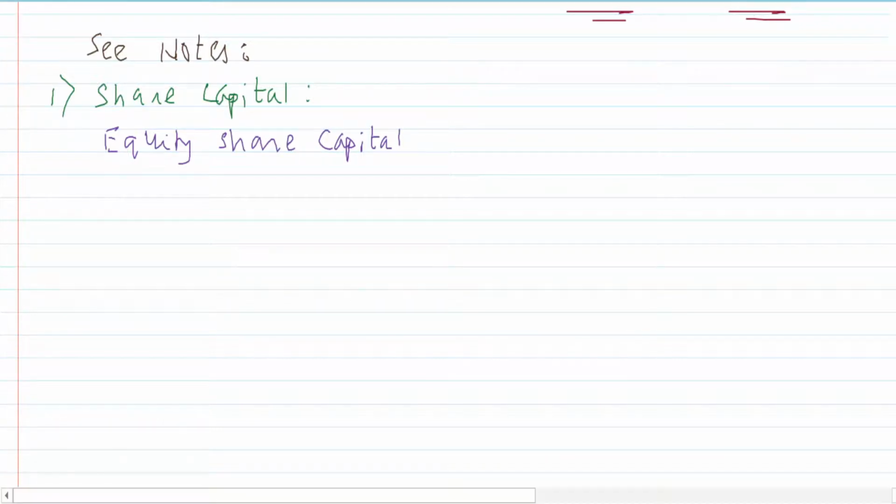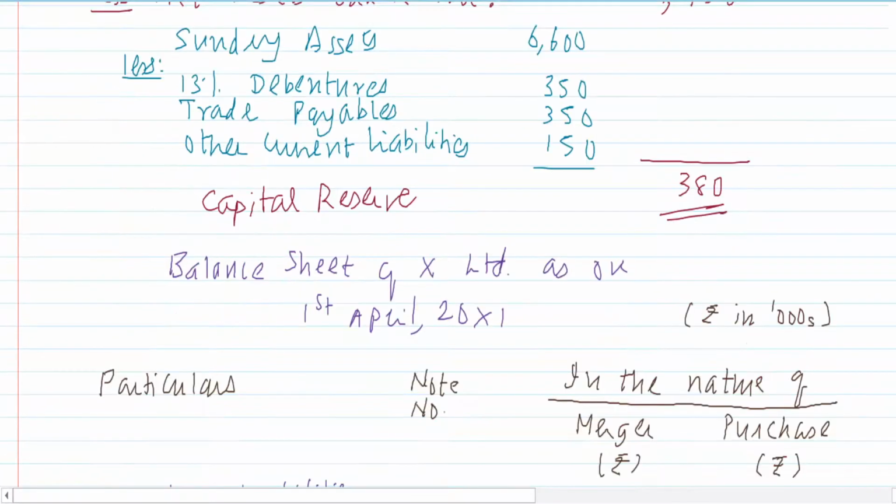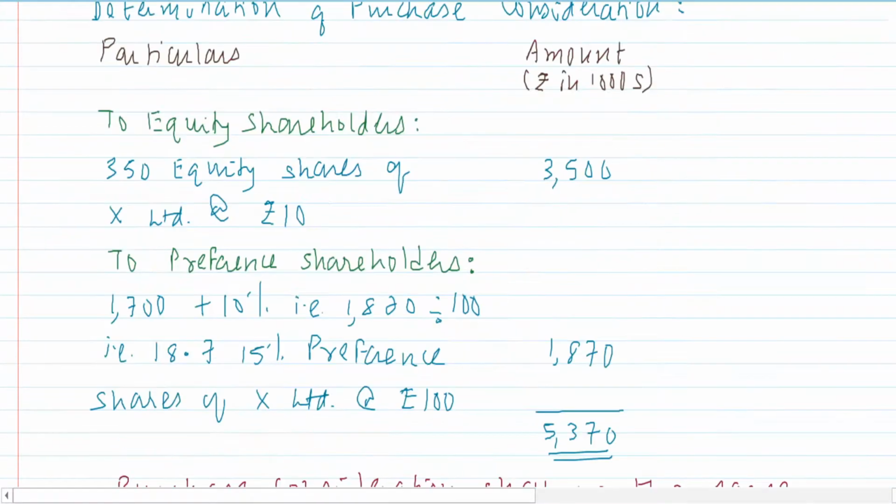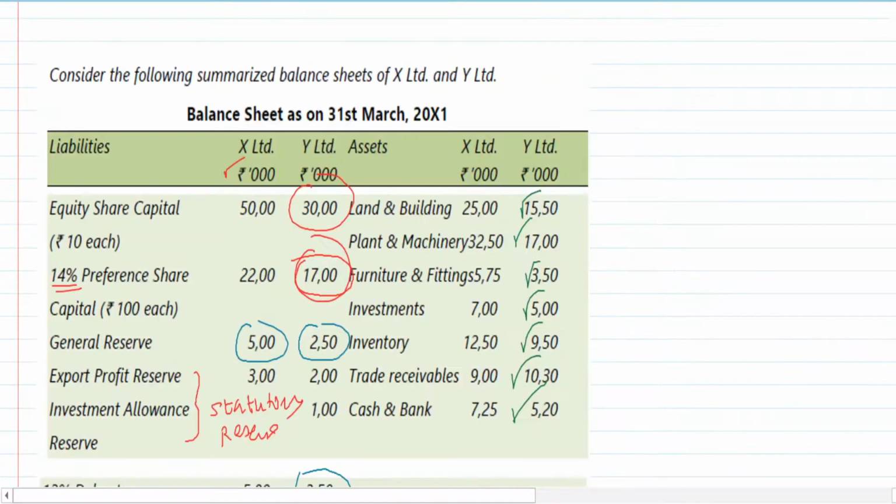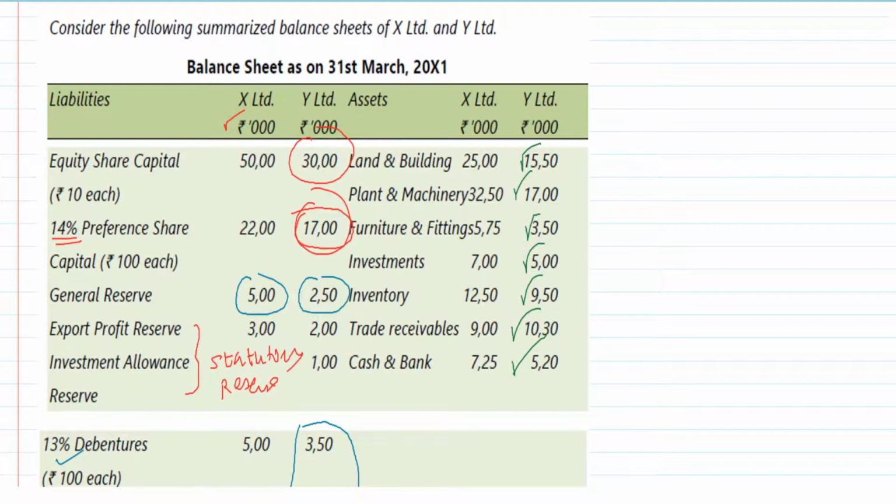Fine. Let's return back to the balance sheet and understand the note to be prepared. See, if you see the share capital, equity share capital of the purchasing company, it is 5,000 and shares are of 10 rupees each. So I remove this last zero, I'm dividing it by 10. That means in number 500 shares are there.